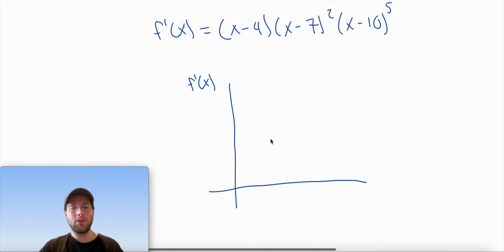I'm going to draw a rough sketch of f prime of x, and then from that, I'm going to draw out a rough sketch of f of x. And so for this one, what we can say is that if we were to multiply this out, because all of these x's here are positive, then we know that the leading term will be positive, and it will be raised to the, well, we can imagine there's a 1 here.